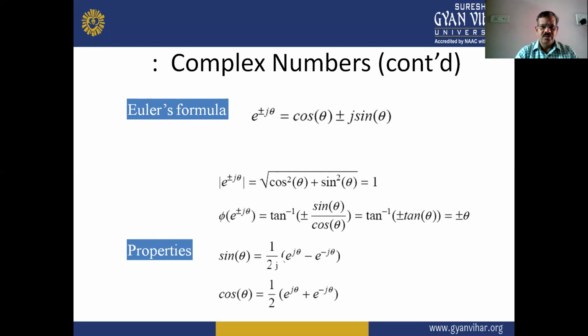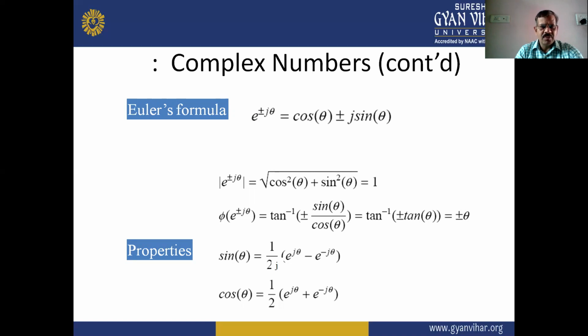Also, what is the phase? The phase of e to the power plus or minus j theta equals tan inverse of plus or minus sin theta upon cos theta, which equals tan inverse of plus or minus tan theta, which equals plus or minus theta. So this is the phase of Euler's formula.